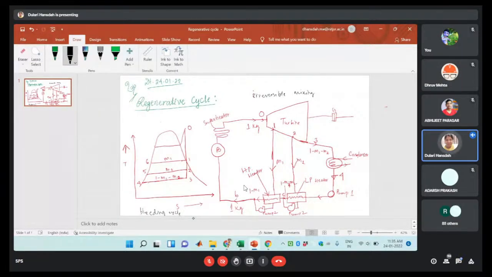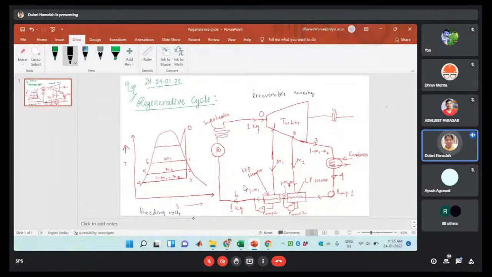The name is given because some amount of steam is extracted at different locations, and because of that this cycle is also known as the bleeding cycle. Okay. So in this heating arrangement I have used two heaters.